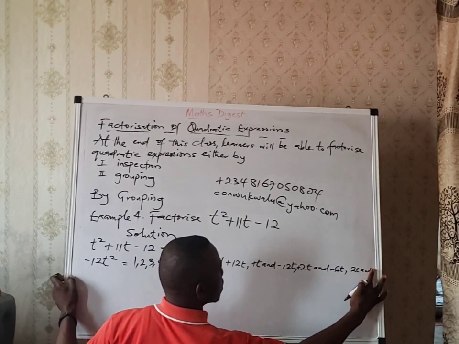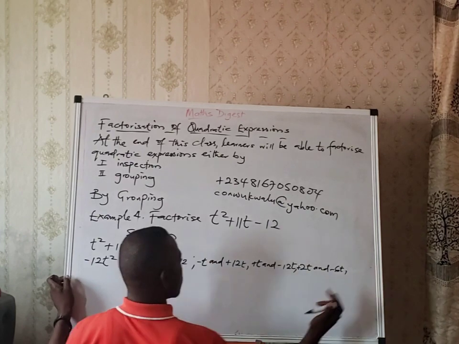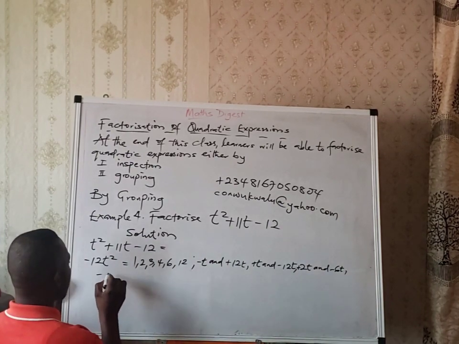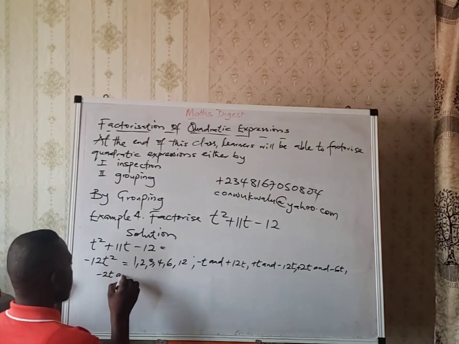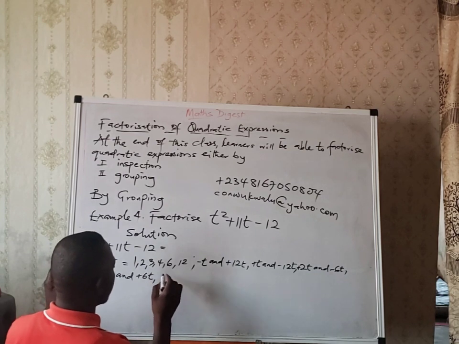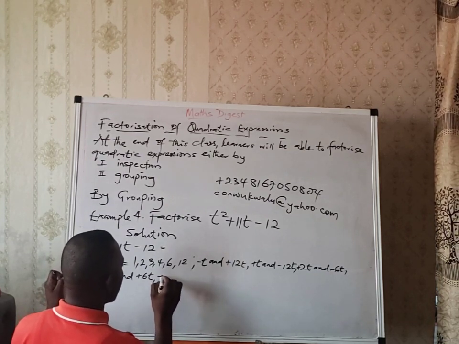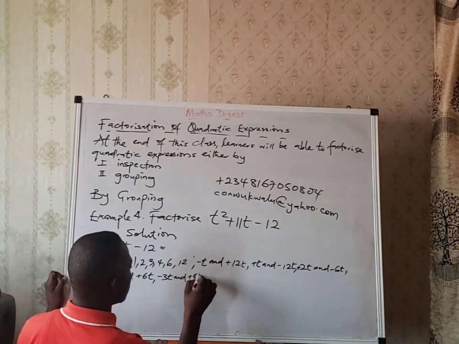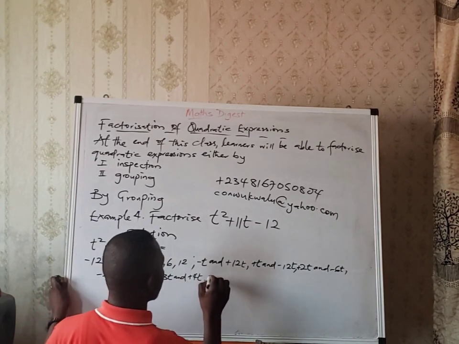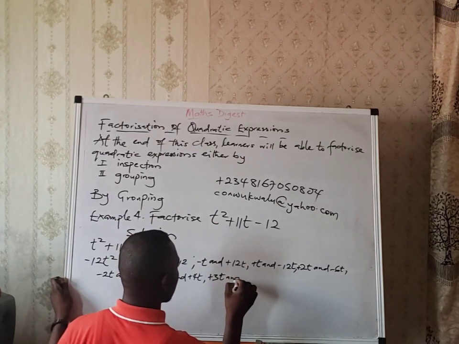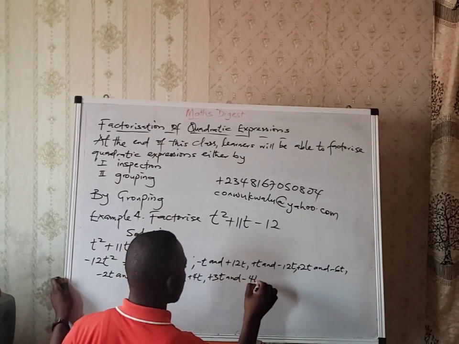I cannot contain it, let's take it to the downside. We can have minus 2t and plus 6t, minus 3t and plus 4t, plus 3t and minus 4t.